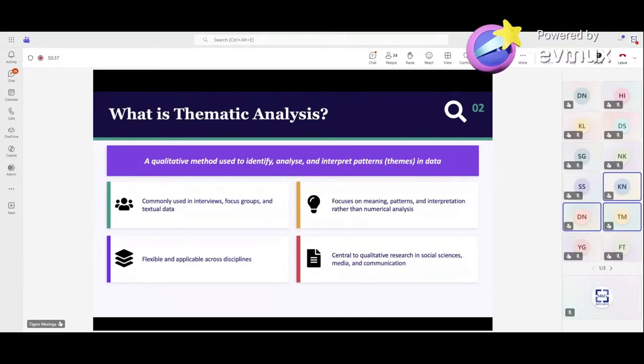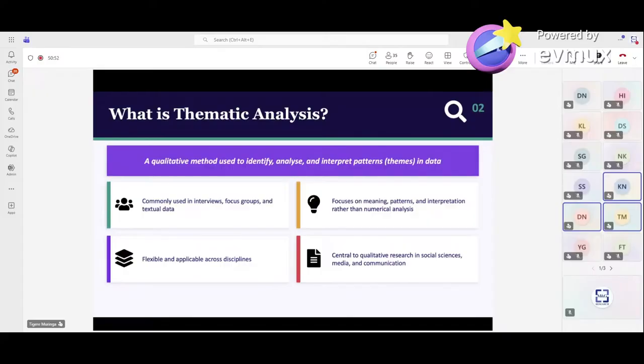It is only not applicable when you are doing a purely quantitative study. That's where we have limitations in terms of thematic analysis, but it applies in various disciplines.